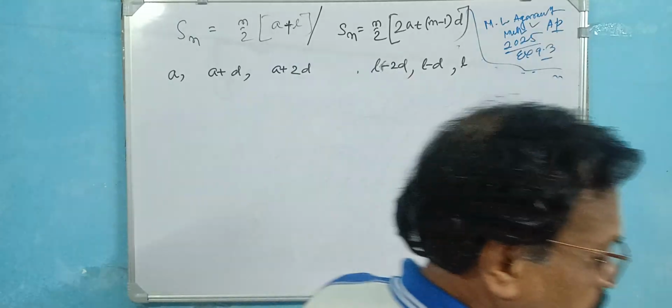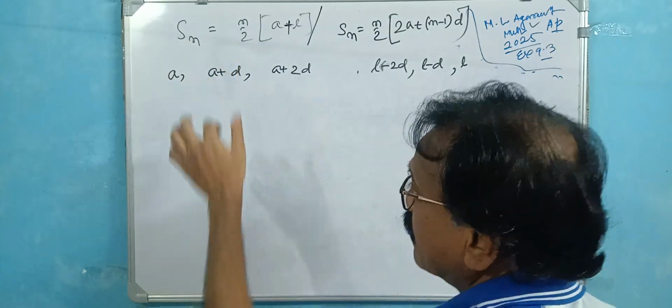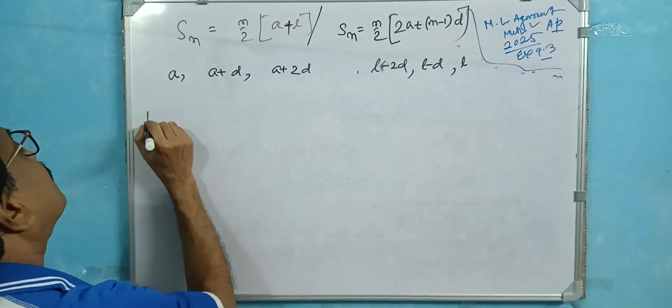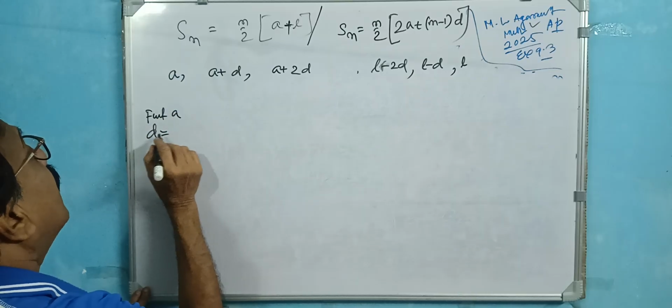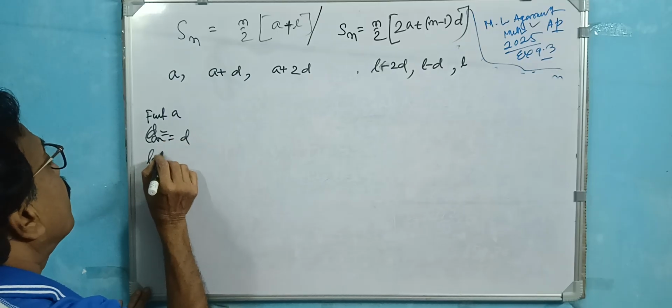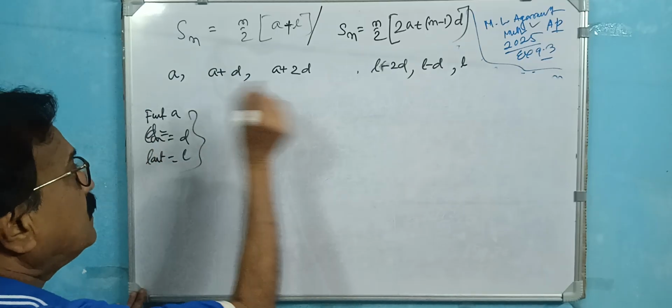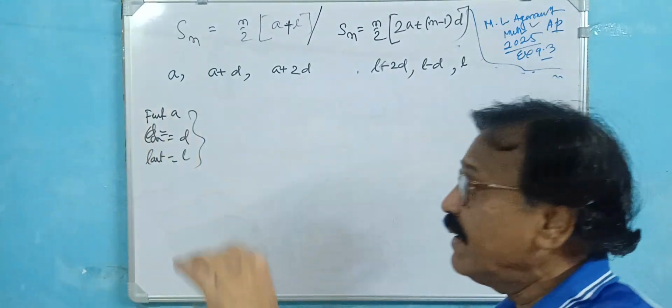I take 6 terms, so the first term is a, the common difference is d, and the last term is l. Let us take n is 6.